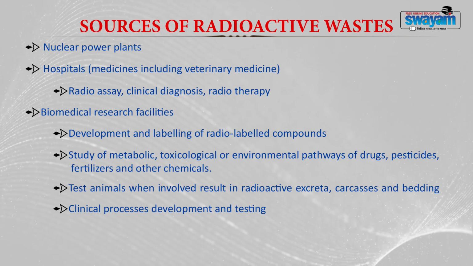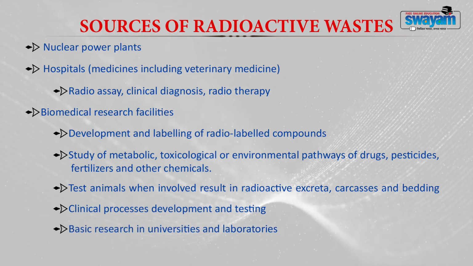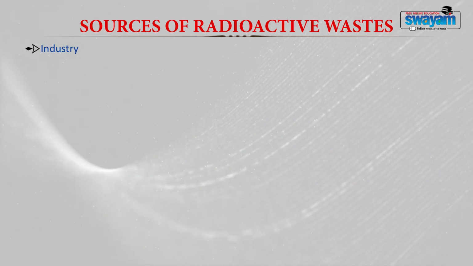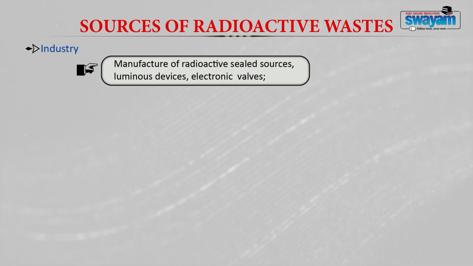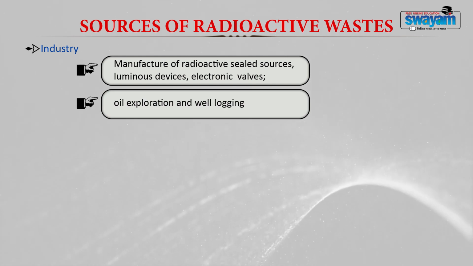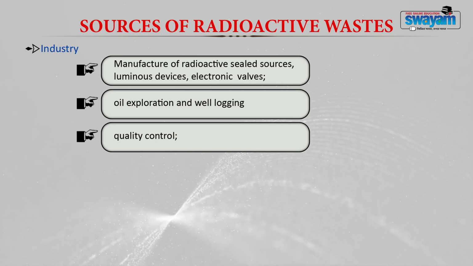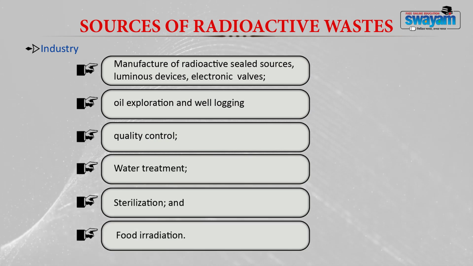Clinical processes development and testing, basic research in universities and laboratories, research in nuclear centers, industry, manufacture of radioactive sealed sources, luminous devices, electronic valves, oil exploration and well logging, quality control, water treatment, sterilization and food irradiation.